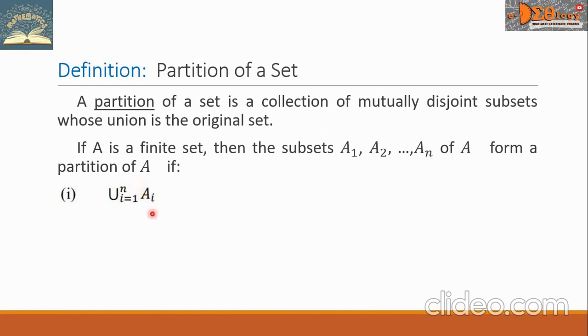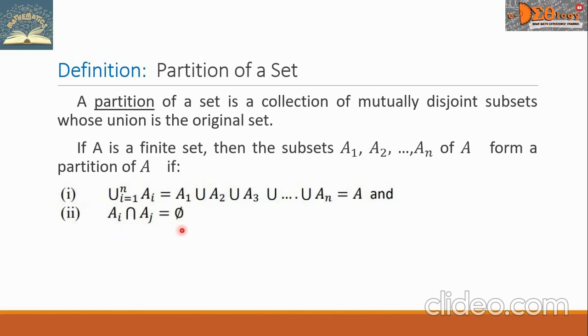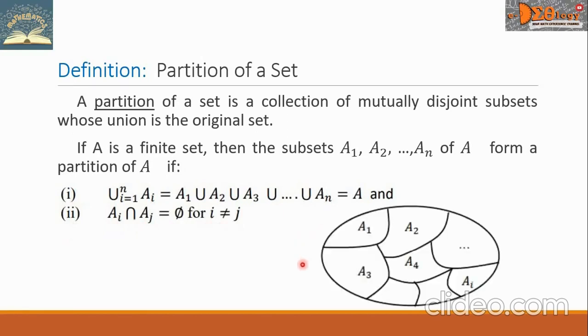To expand this, we may write A sub 1 union A sub 2 union A sub 3 union up to A sub n, and these unions are equal to the set A. Second condition, A sub i intersect A sub j is equal to a null set, for i not equal to j. This idea of partition is also described by this illustration.